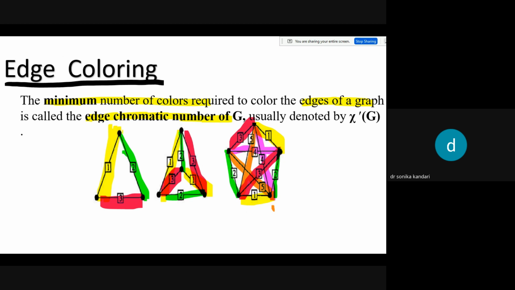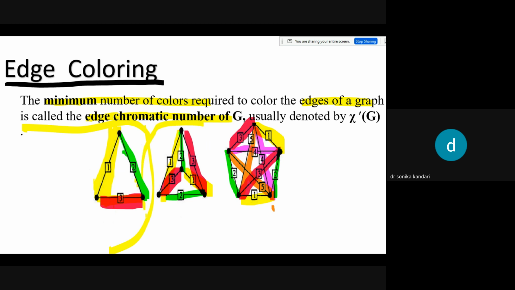See, we have colored the edges. In the leftmost diagram, we have three edges: 1, 2, and 3. All are having different colors because they are adjacent.